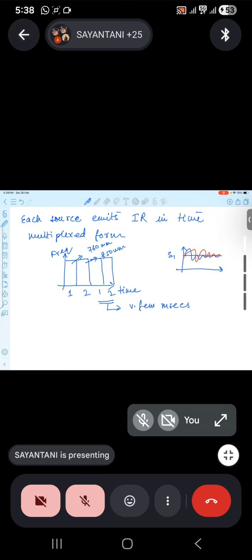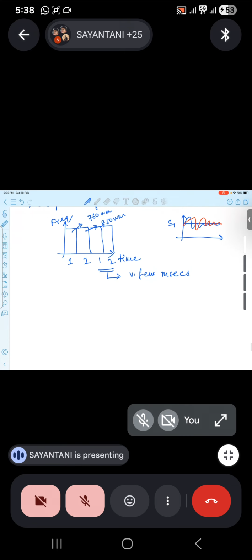Okay. So over here, again, we are going to utilize a placement system. But before that, I want to talk about something: with every source, you have a detector, right? This source detector combination has a term that is referred to as optode. Okay.